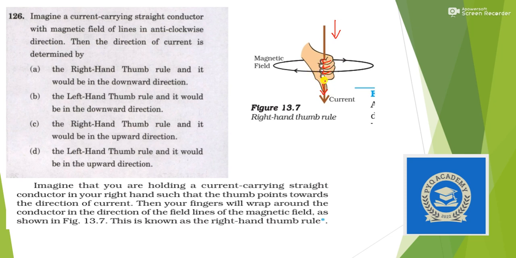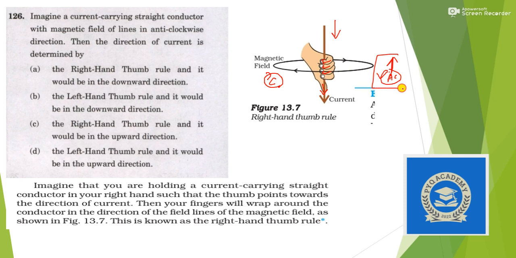Here you can see the direction of magnetic field is clockwise. If we change the direction like this, anti-clockwise, then the current, rather than going downward, will go upward. It will also change its direction.